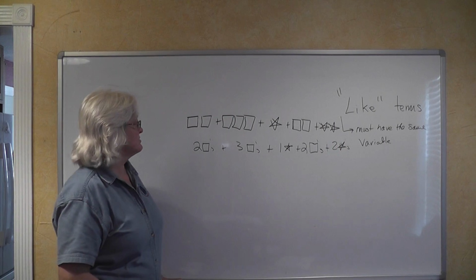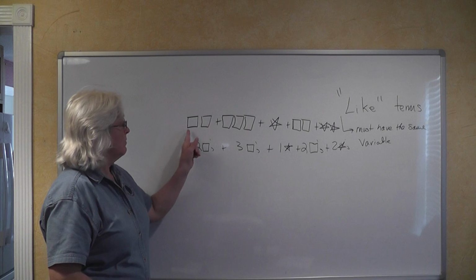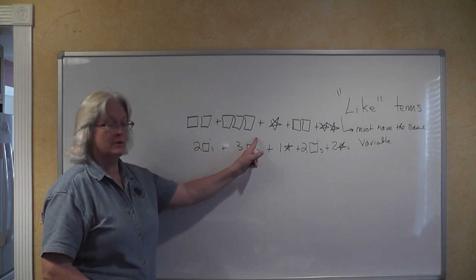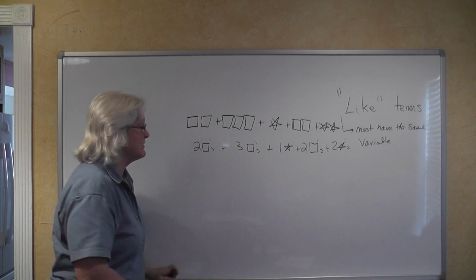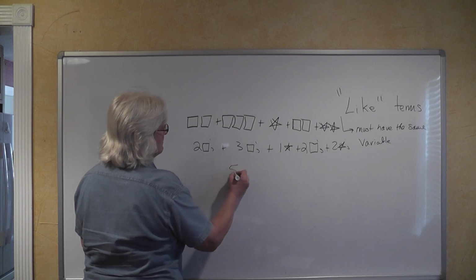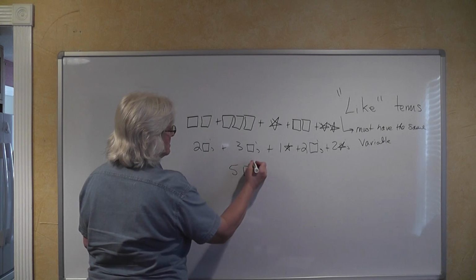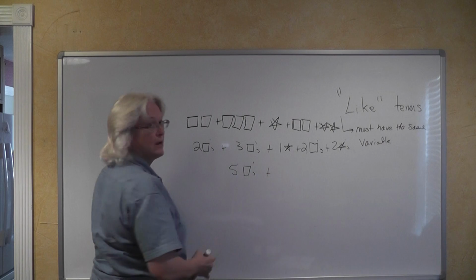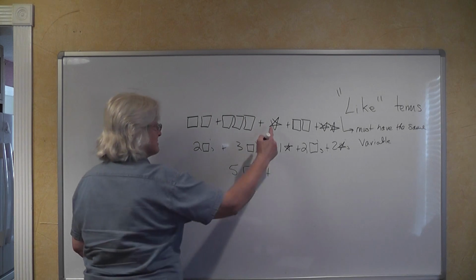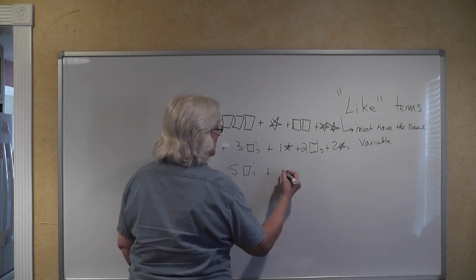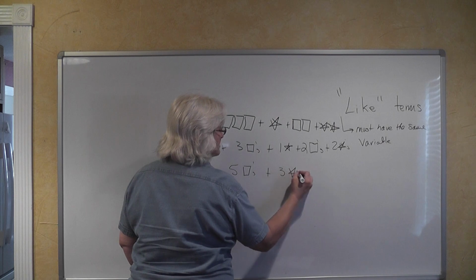How many squares do we all have all together? 1, 2, 3, 4, 5. Or 2 plus 3 is 5. So we have 5 squares plus, how many stars do we have, class? 1, 2, 3. Plus 3 stars.